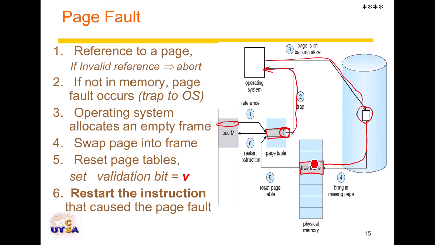So the operating system needs to also keep track of which frame is available so it can assign that frame, and then based on this assignment it updates the page table. Okay, and then it gives control back to the program so the program can restart its last instruction, and then hopefully this time, since it will be valid, as we discussed before, it can simply resolve the address translation.